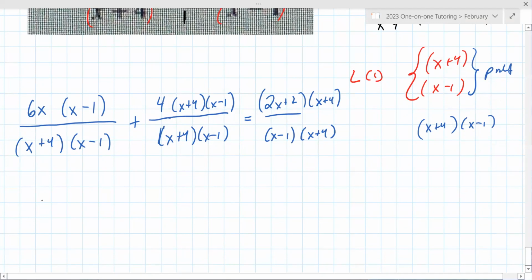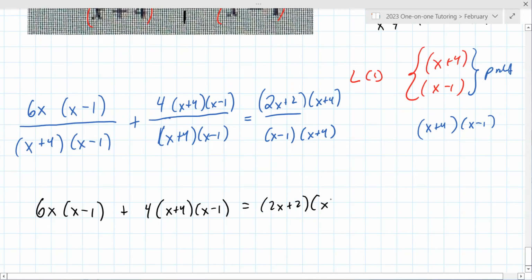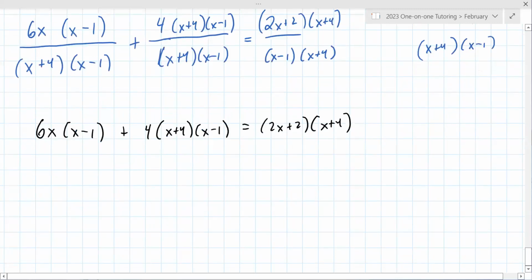So now we just look at the top. 6X times X minus 1 plus 4 times X plus 4, X minus 1, 2X plus 2 times X plus 4. So it's a lot of multiplying, FOILing.